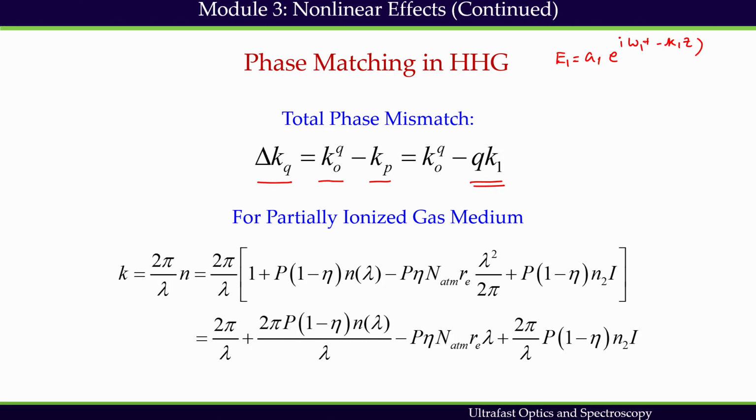That was the input beam, and the polarization will then be written, if it is the qth harmonic, as e to the power i(q omega 1 t minus q K1 z). This was the expression. So this is the wave vector of the polarization.